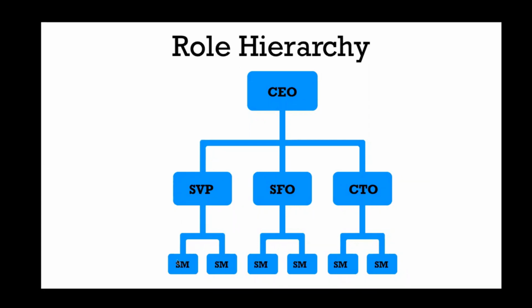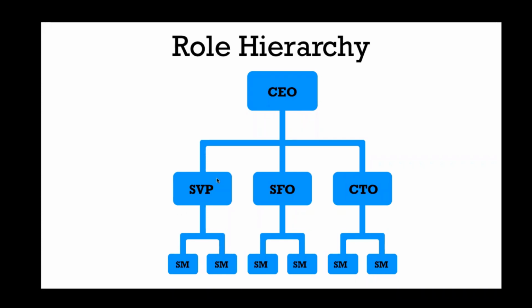If this particular user is creating a record, the users below are not going to get any access in case of private. But the user who has SVP as their role will be able to access all the records created by the users who have the role of senior manager. And CEO is the father of the company who can access records of any user present in the Salesforce environment.